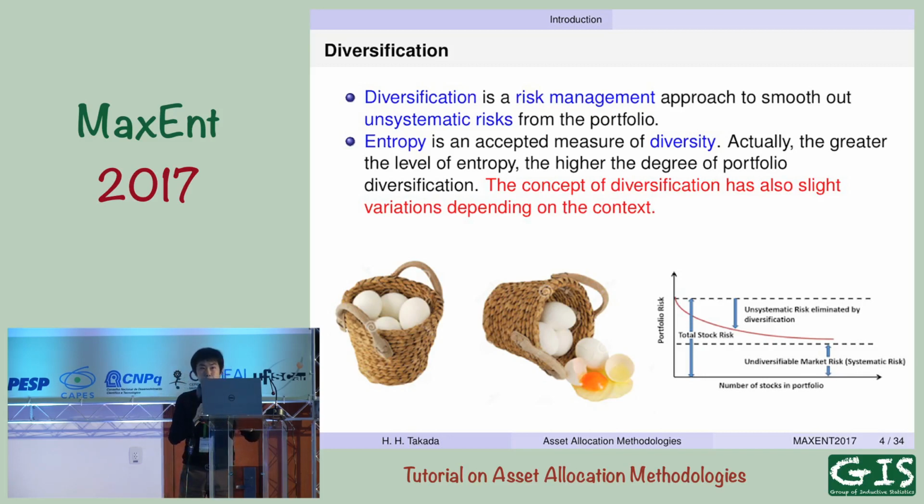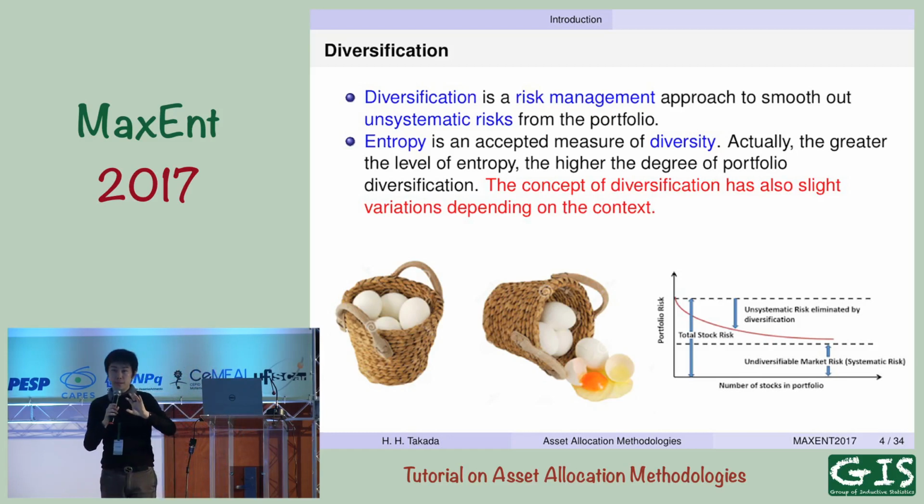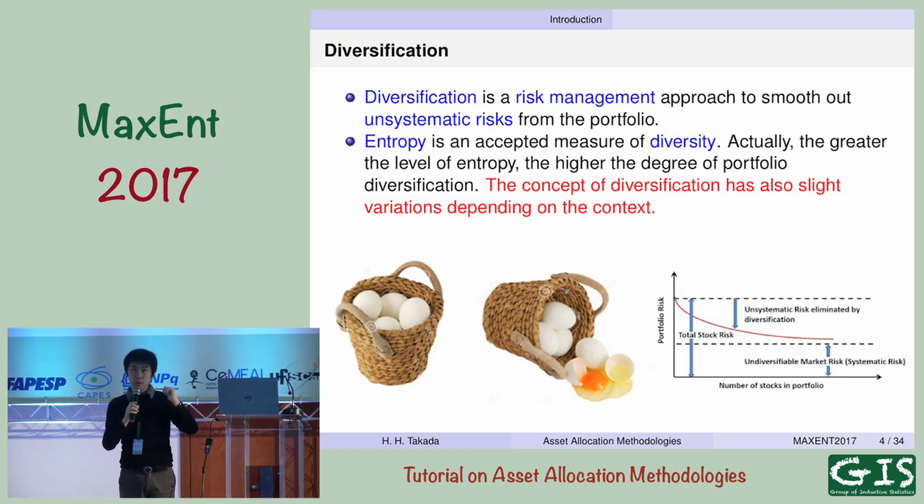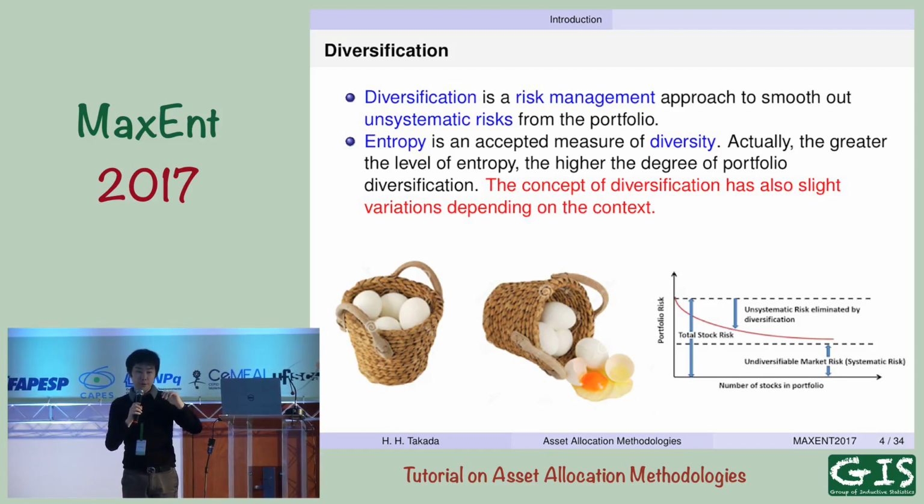So there are some asset allocation methodologies using entropy measures, divergence to ensure diversification. And diversification is a risk management approach. So it's something interesting because the previous approach, the problem was portfolio management problem. And the risk management is a problem of another area.